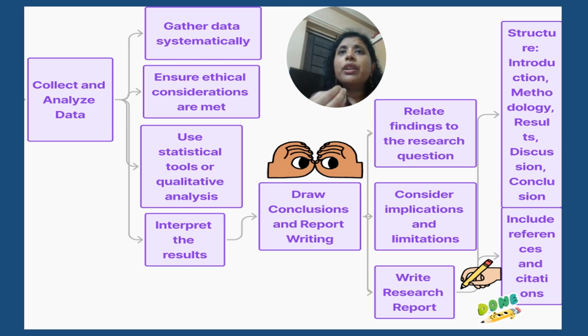Analyze means I will put it in some statistical format, maybe percentage, mean, median. To give a very simple example, out of 100 women in Bangalore, how many agreed that they get empowerment in the service industry? If there are 60 women who agreed, I will say 60% of them have agreed.